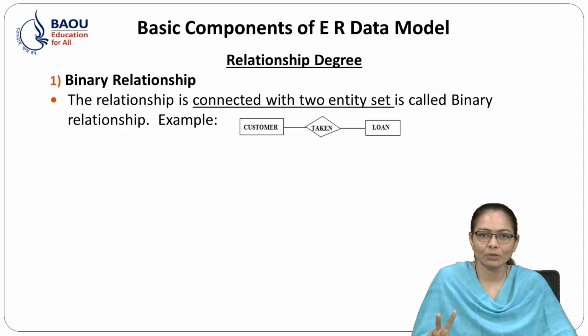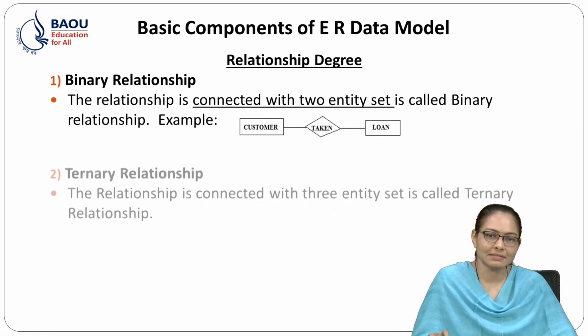Here two entity sets are connected with the taken relationship, which is called the binary relationship. Thus, two different entities participating in a single relationship is called the binary relationship.